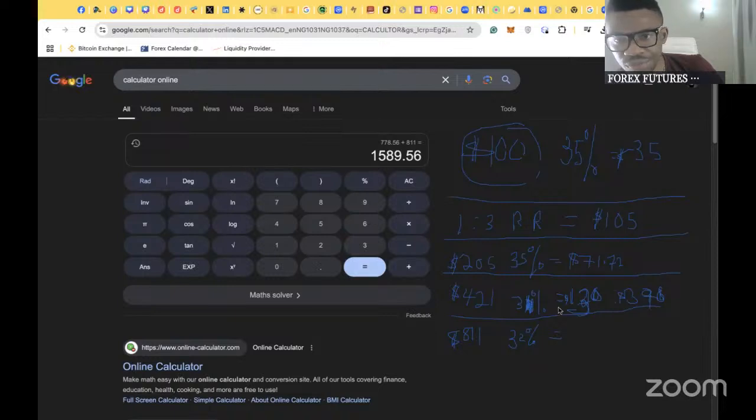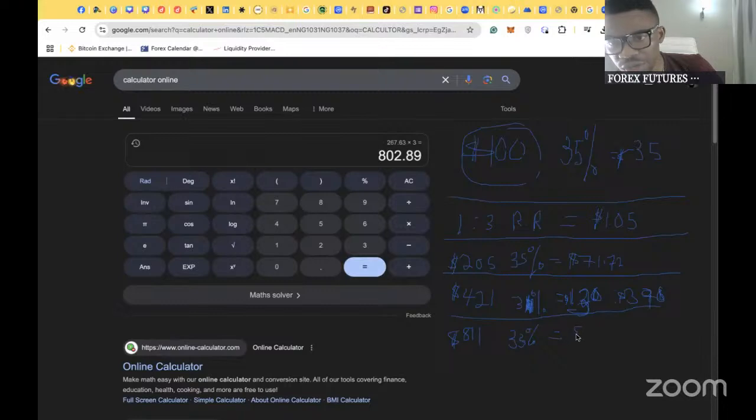Still not okay. So we go back again and risk 33%. If we are risking 33% here, that will be 33% times 811, 267. Times 3, if it goes well, 802. This is correct now. 267 is the right number.